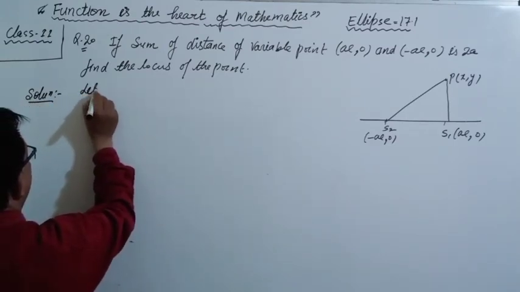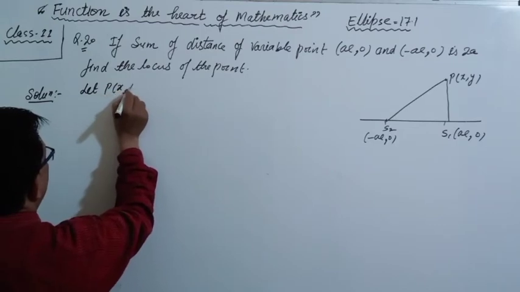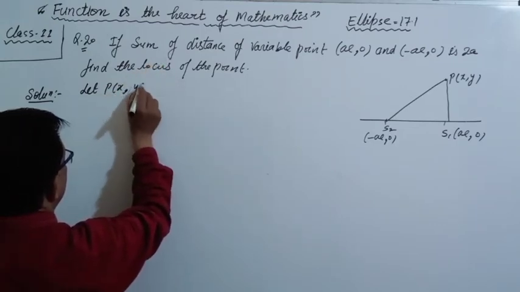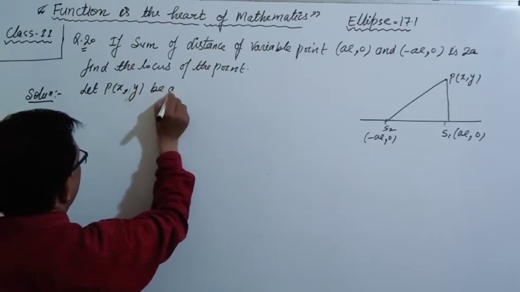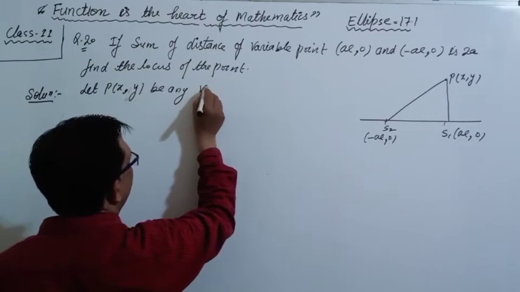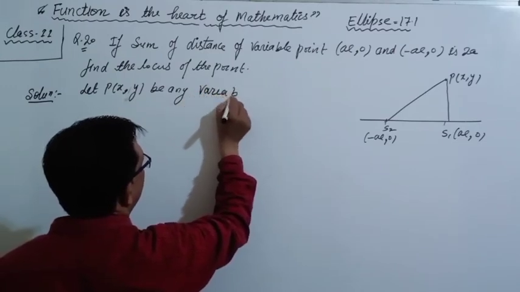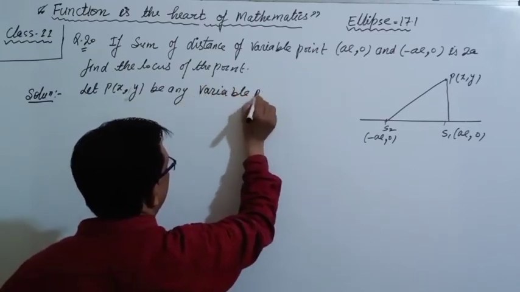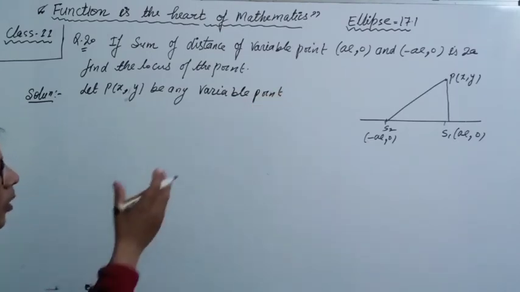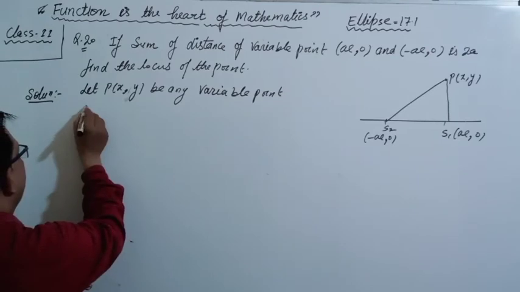Solution: let P(x, y) be any variable point. Sum of distances, what is given here?